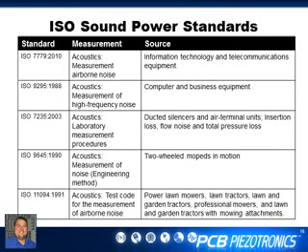So I said before that there are sound power standards with respect to specific pieces of equipment, and this is very much a short list. There are dozens of these standards out here. The majority of these specific ones, as you see, are governed by the Acoustics Committee, by ISO.